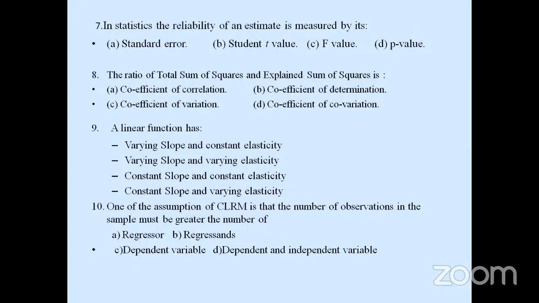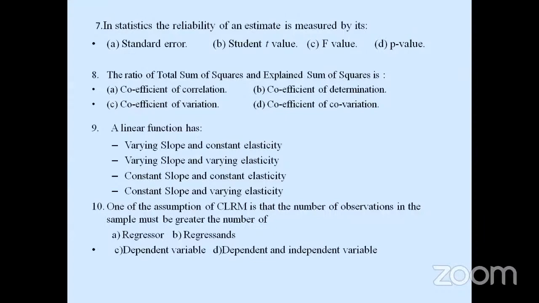Now answer this question. One of the assumptions of the classical linear regression model is that the number of observations in the sample must be greater than that of... Option C, sir. Actually, the option is A, regressor.